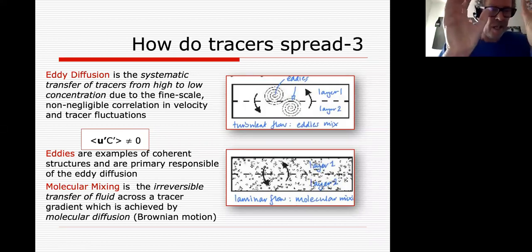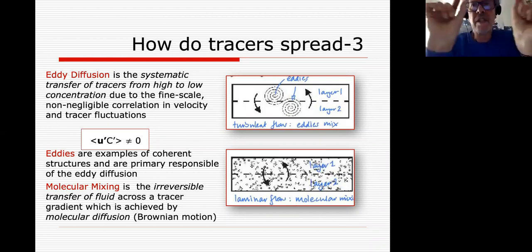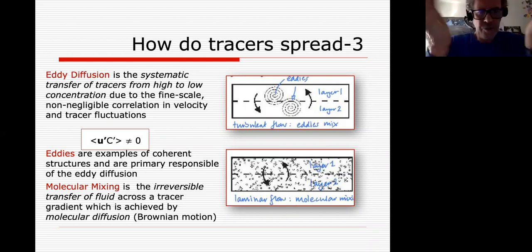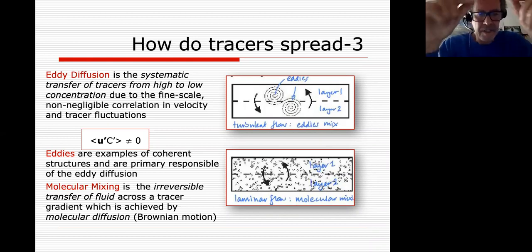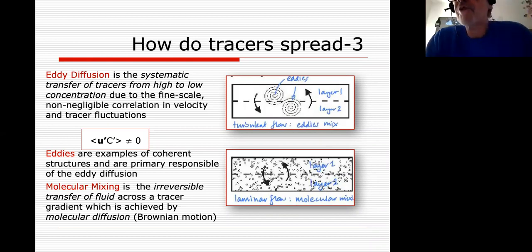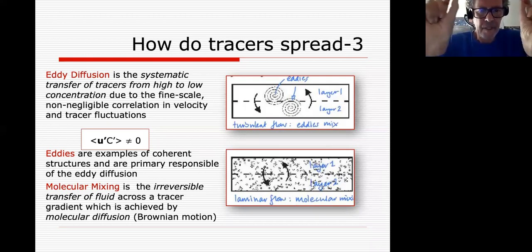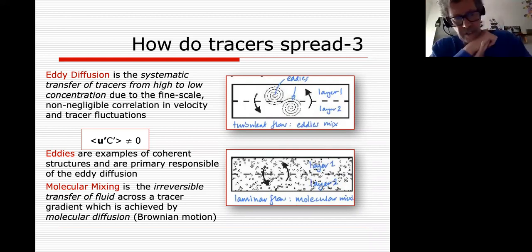The same can be done for any tracers, temperature, salinity, for example, and you can have the nonlinear advection term that is responsible for the coupling of the two statistical components for U and the tracer. And this statistical correlation is not always zero, it could be different from zero. And in this case, this non-negligible correlation in velocity and tracer is responsible for the diffusion.